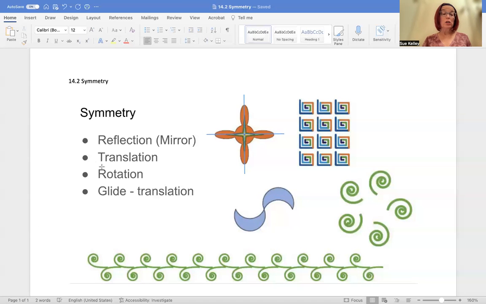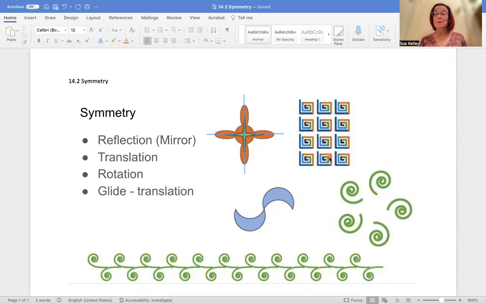Another way to look at symmetry, just like we looked at translations and transformations, is to look at translation symmetry. So, for example, here in this series of shapes over here, we see that we have symmetry based on translating one shape to another.